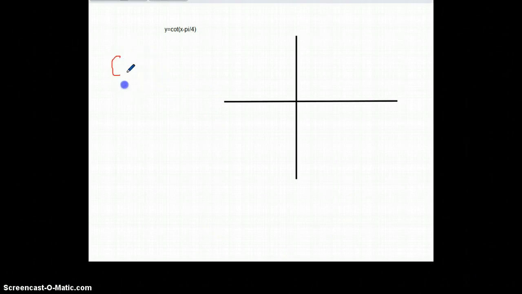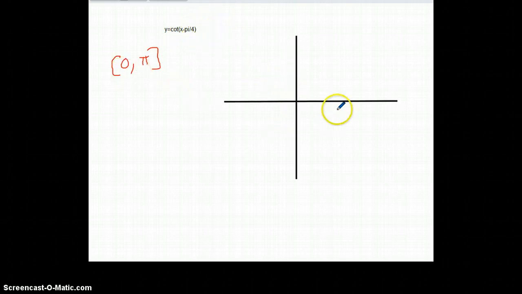Try to do this quickly. With an asymptote here and an asymptote here. But again, we're going to the right by pi over 4.